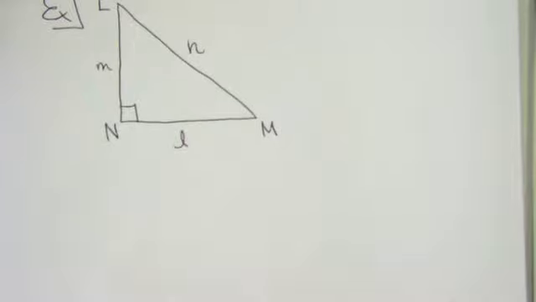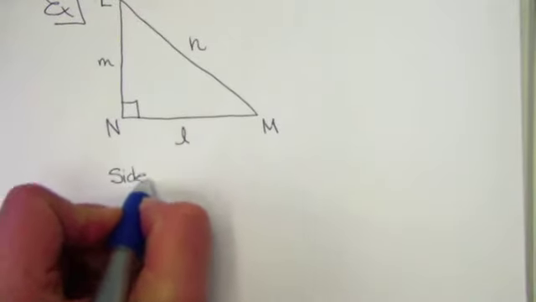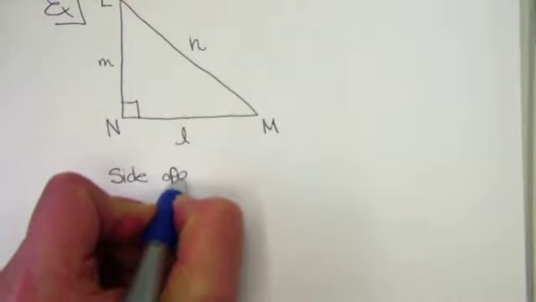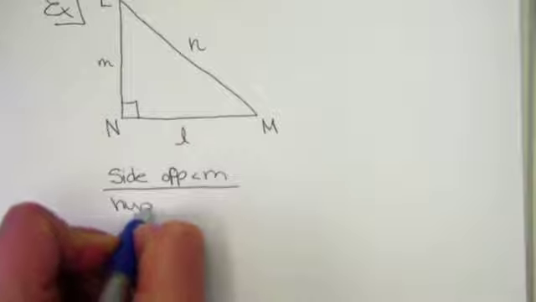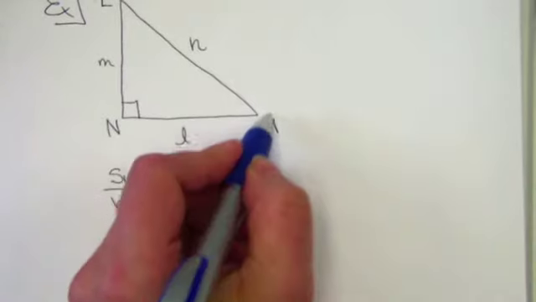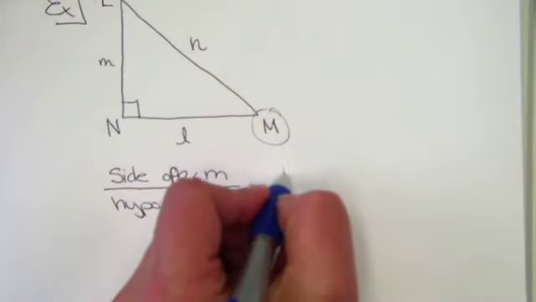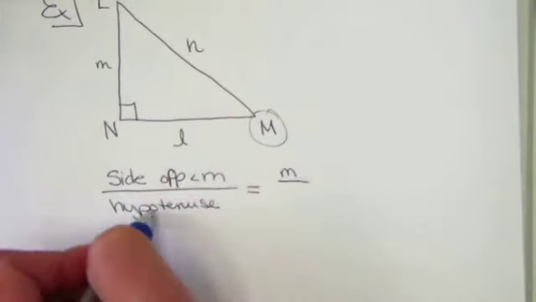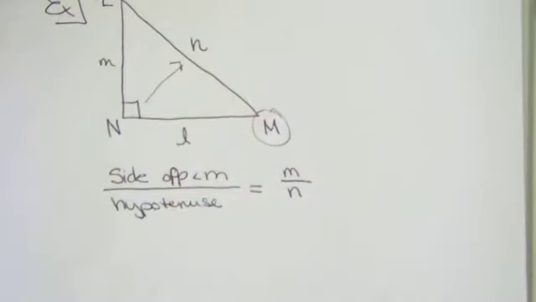Okay? Just to get used to some vocabulary, if I asked for the side opposite angle M over the hypotenuse, I would go to angle M. Opposite angle M is little m. And the hypotenuse is opposite the right angle, little n.